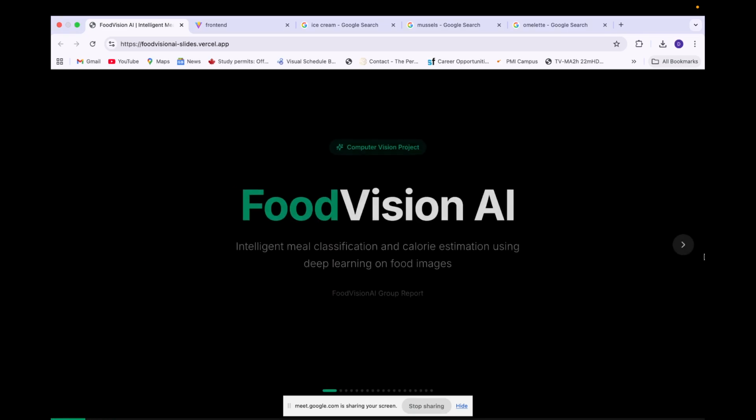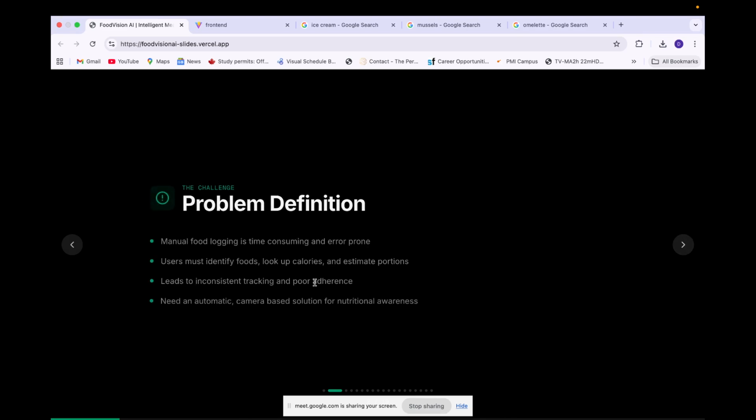So first we have the problem definition. Why did we create the application in the first place? People are becoming more health conscious. They want to know how many calories are present in the things they eat, and they want to keep track of how many calories they are taking on a daily basis. But so often they don't have options.